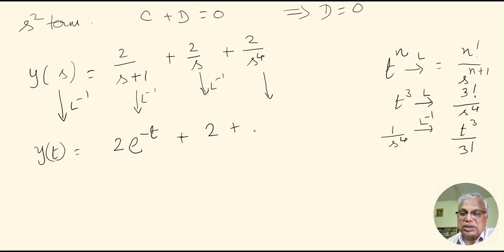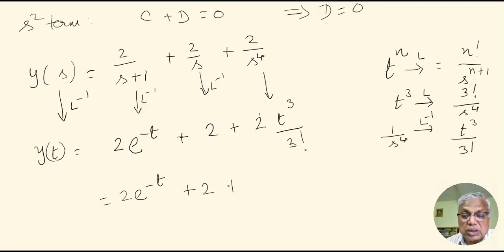So what will be the inverse of 2 by s power 4? It will be 2 t power 3 by 3 factorial. So that will be equal to 2 e power minus t plus 2, and 2 by 3 factorial is 3 only.